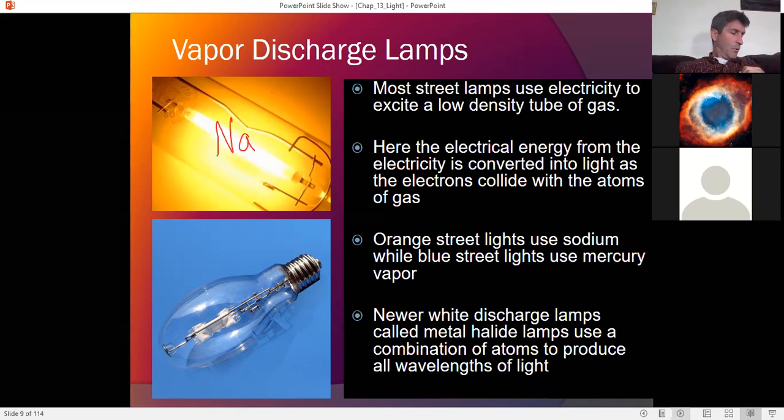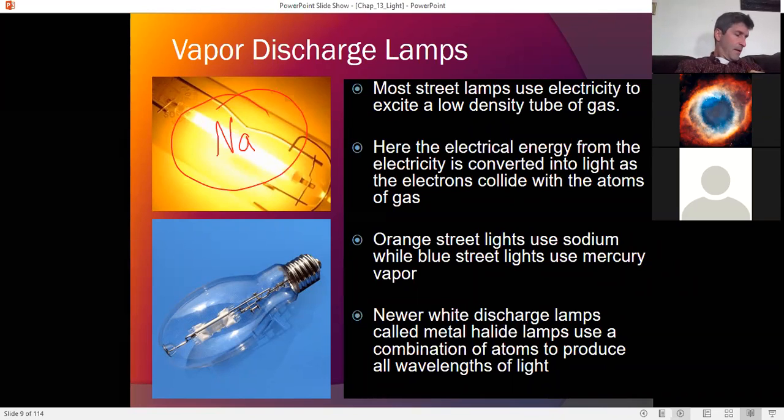In a quartz tube, we put sodium and send electricity through it. The electricity bumps those electrons up to an upper level, and then the electrons will drop from the upper level to a lower level. It gives this very distinct orange color. Anytime you see a street light and it's orange, that's a sodium lamp.